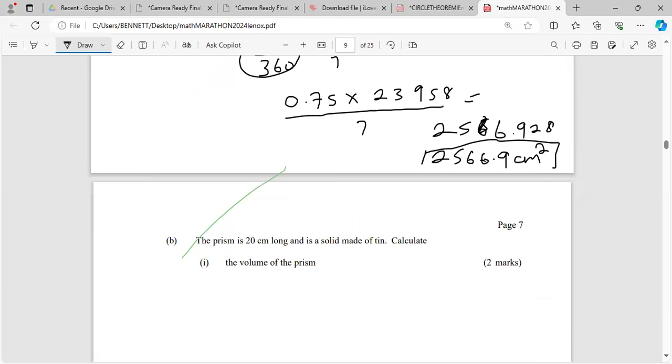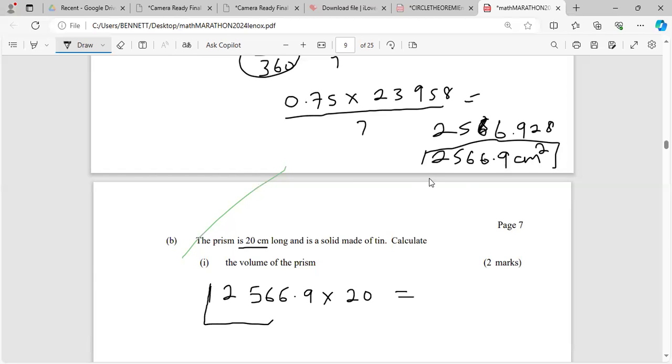It could be the volume, because all we have to do, we calculated the area already, right? And they said that the length is 20 centimeters long. So we just have to multiply this. We could just finish this. We just have to times it, because we don't calculate the area for the base part already. It's going to be a uniform shape. So we just times this by 20. And that will be the volume.